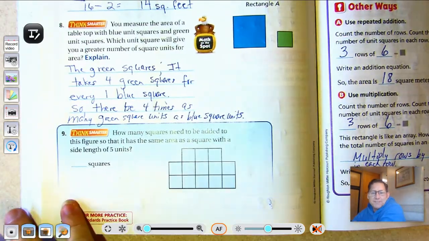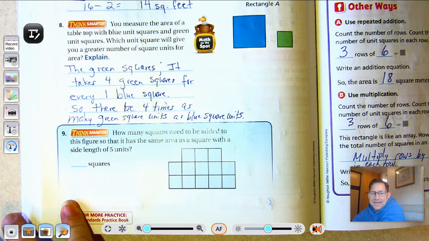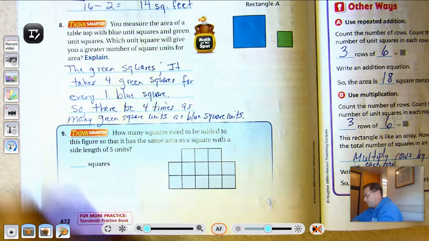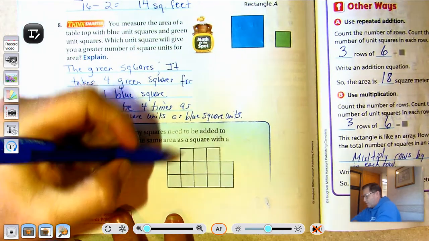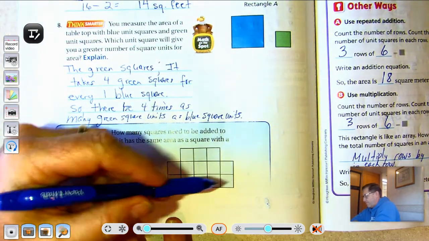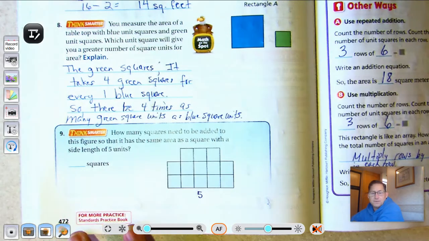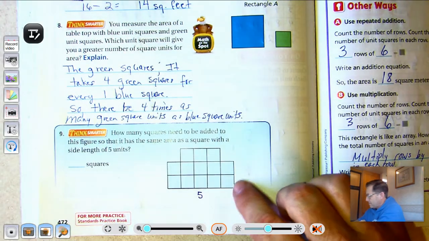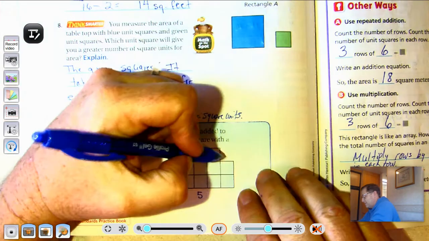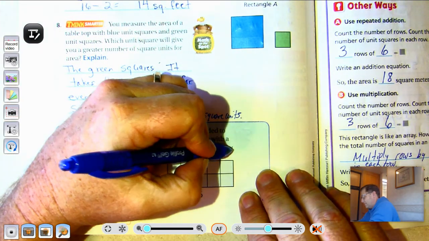How many squares need to be added to this figure so that it has the same area as a square with a side length of 5 units? Well, okay, so right now it's 1, 2, 3, 4, 5 long, right? But right now it's only 2 high. So let's use some dash boxes.